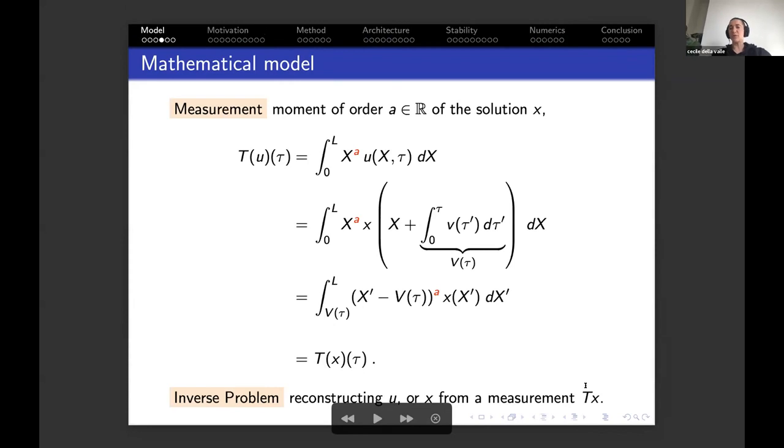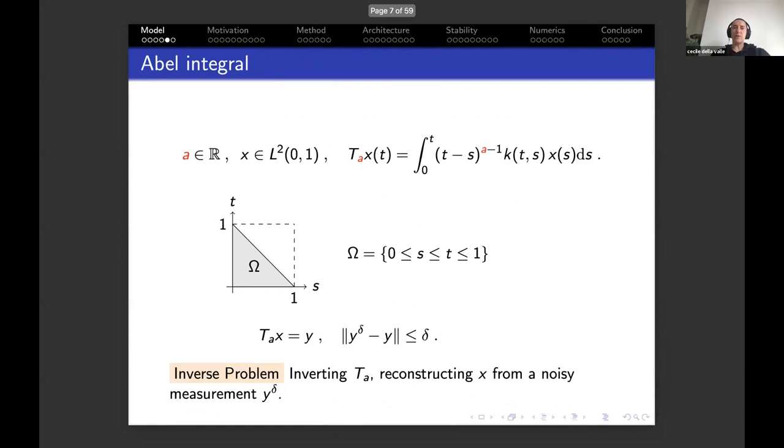So T is now an operator from L2 to L2. This operator is in fact a type of Abel integral. So I redefine the Abel integral T_a x, which is an integral from 0 to t of (t minus s) power a minus 1, and I add a kernel k here that allows us to account for a larger variety of biophysical models, times x.